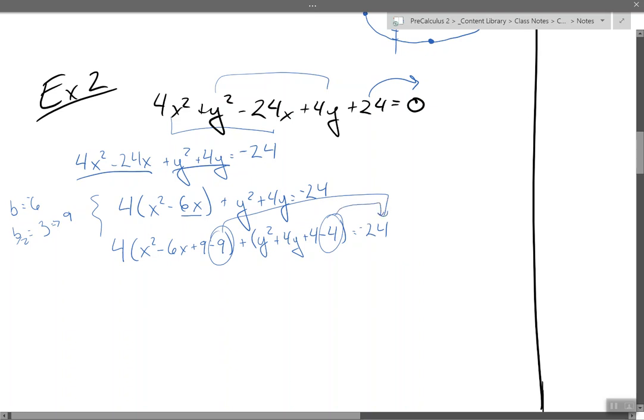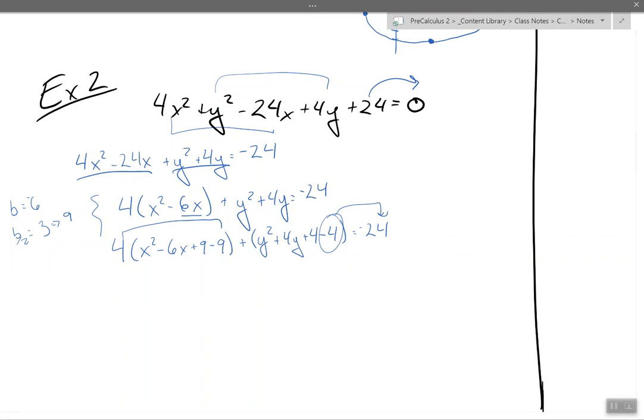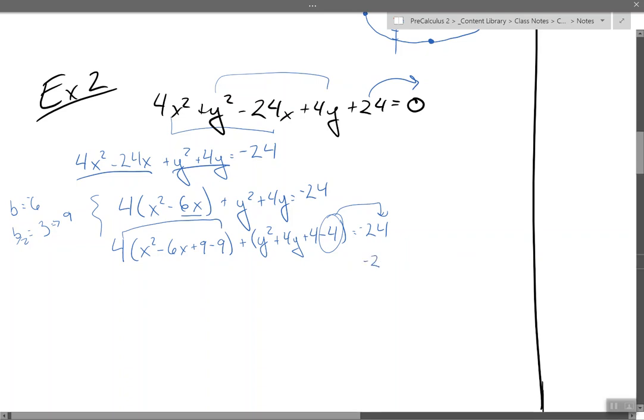For the x number, we do need to remember that when it comes out of this, it needs to get multiplied by the 4, this 4 out front. So 4 times 9 is 36, and when we bring that over to the other side, we're going to add 36.